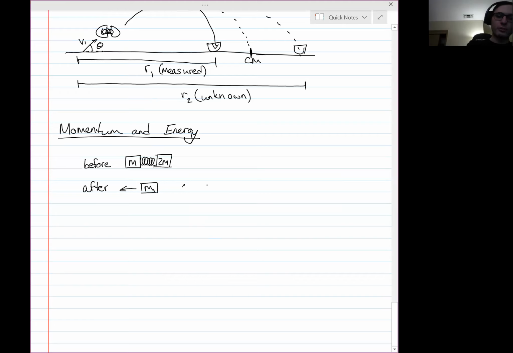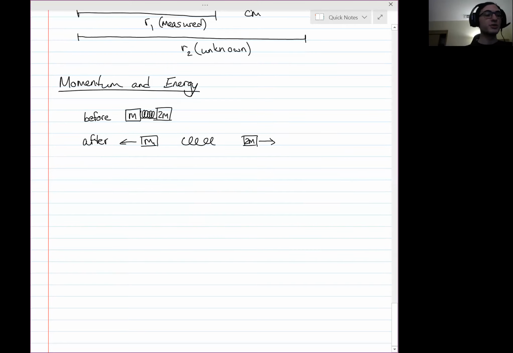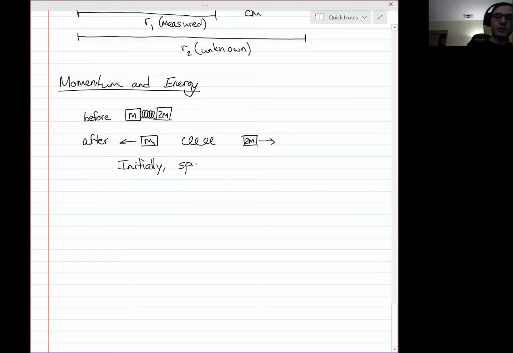You have your spring being uncompressed, and then you have 2M, sorry, speeding away that way. So initially, the spring has some potential energy, right? So we can use that fact to analyze this problem.